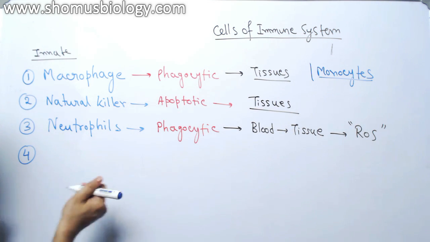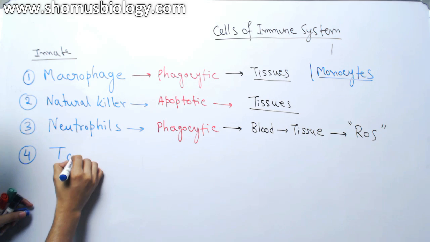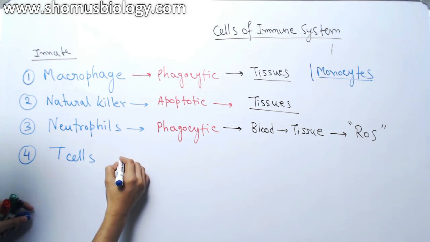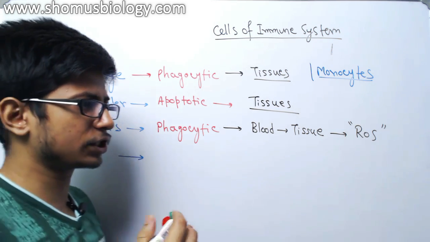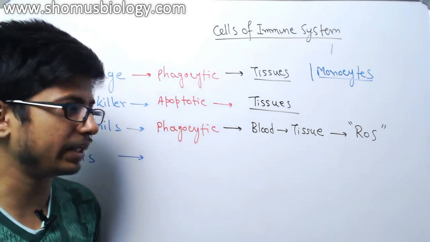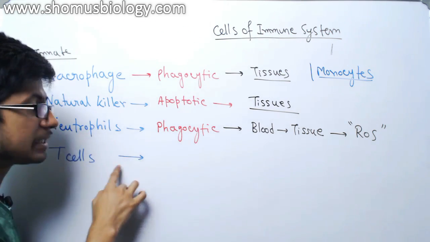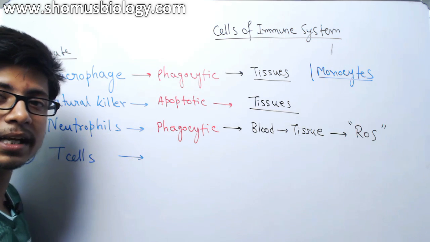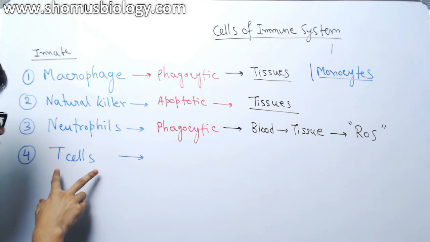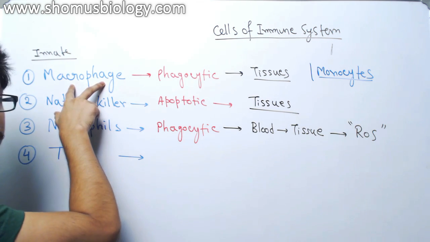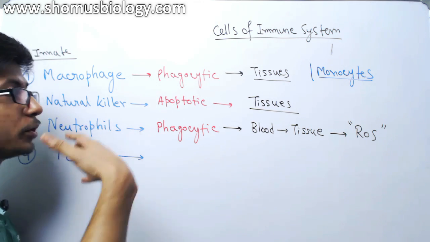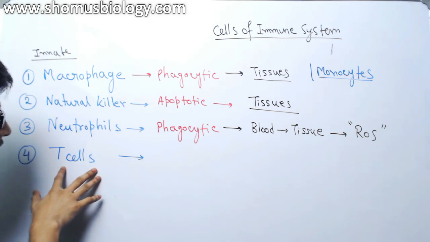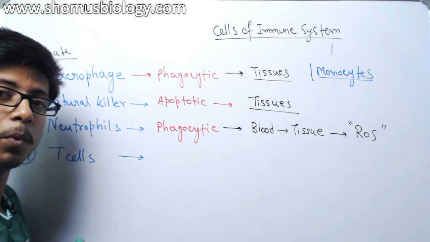Then we have T cells. T cells don't have that much function of specifically going and killing the cell. T cells help other cells to develop. There is a crosstalk between T cell and macrophage, which helps to produce more macrophages, and T cells can auto-regulate and produce more T cells.